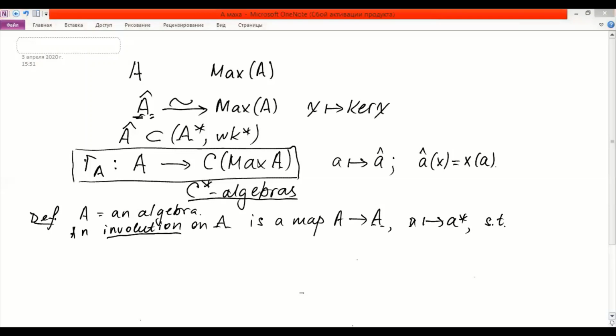First of all, this map is an involution in the set theoretic sense.